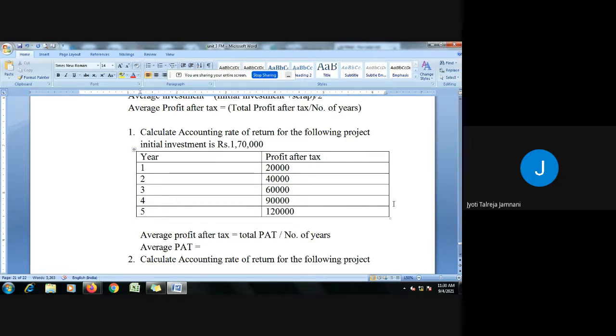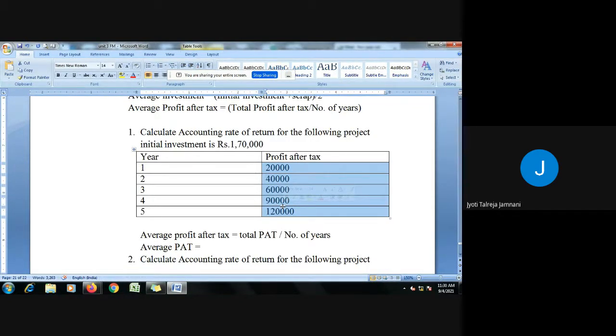We need to total all this, so I'll just add all these: 20 plus 40 plus 60 plus 90 plus 120. Once you add all that, you get the total profit after tax value, and you have to divide it by the number of years. I'll just tell you how much we get from the addition: three lakh 30,000.